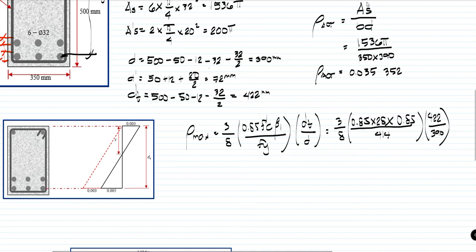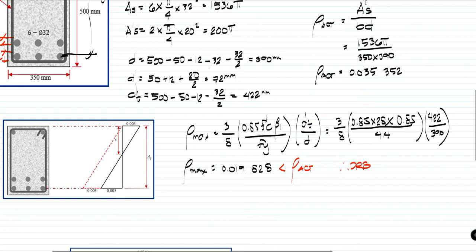So our maximum steel ratio from this equation will be equivalent to 0.019828. So this is the maximum steel ratio, and as you can see, this is lesser than our rho actual. So our assumption holds: our beam will be a doubly reinforced beam.